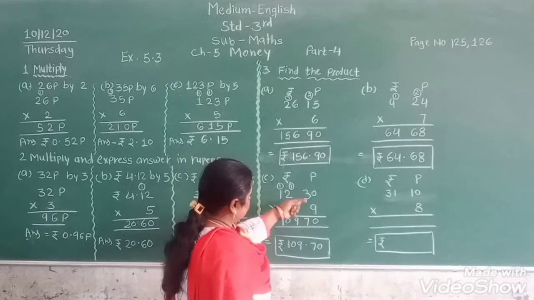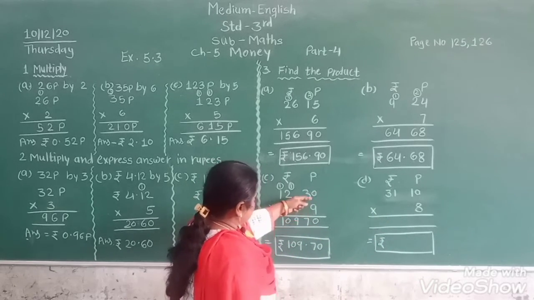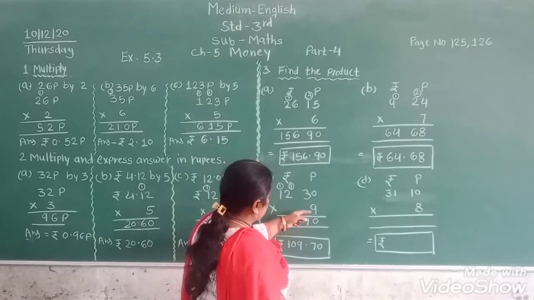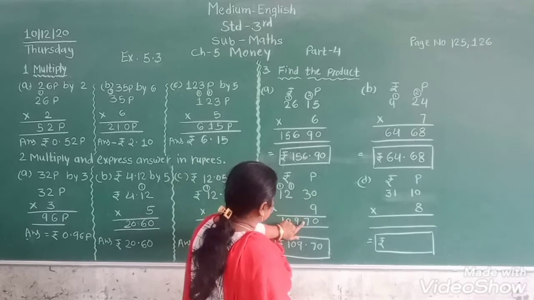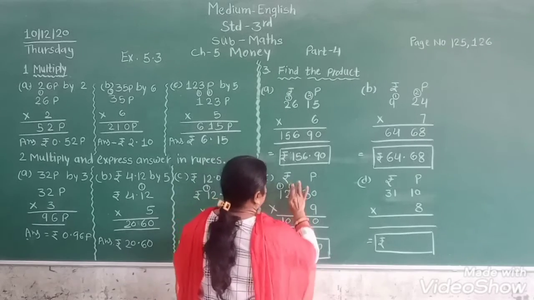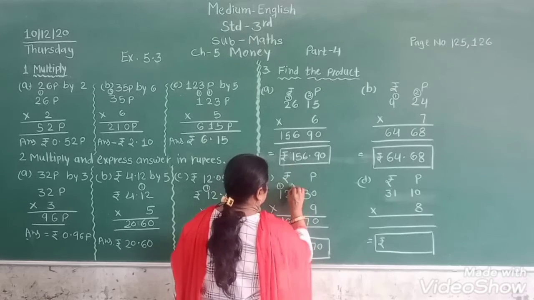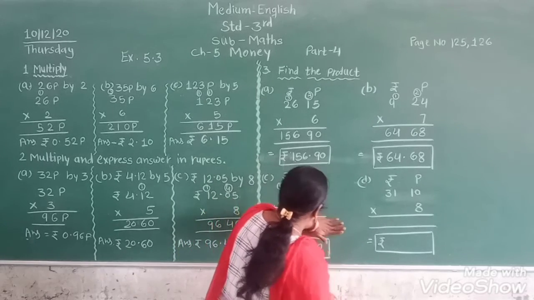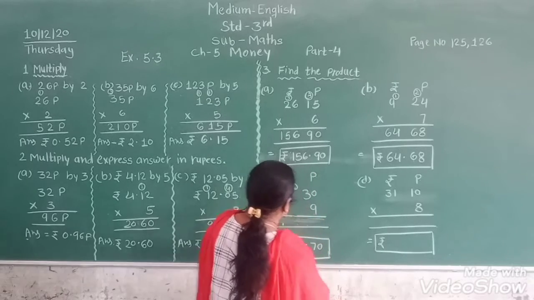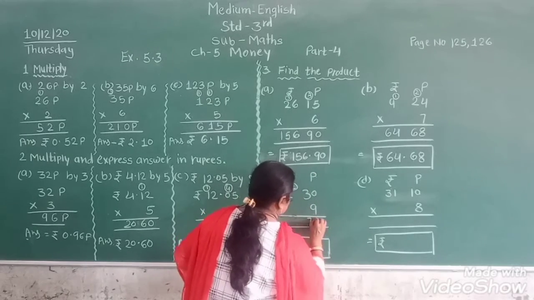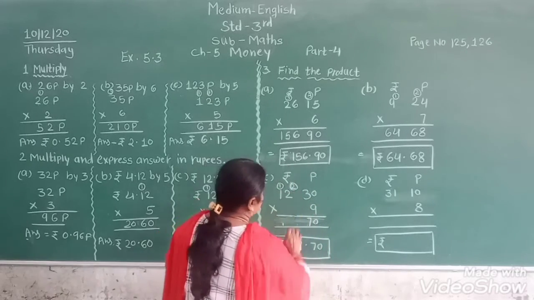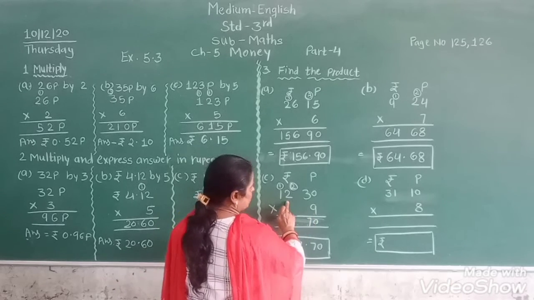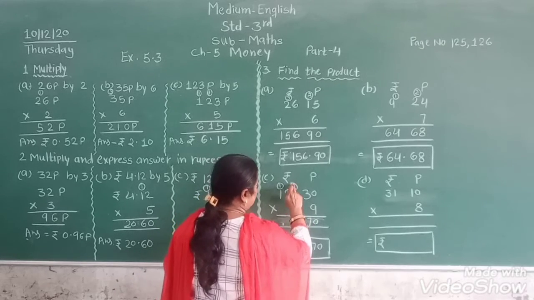Now we repeat again. 9 0s are 0. 9 3s are 27. Sorry, here carry over 2. We will do again. 2 carry over. 9 2s are 18, 19, 20.